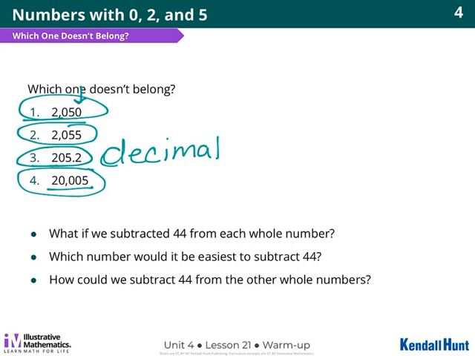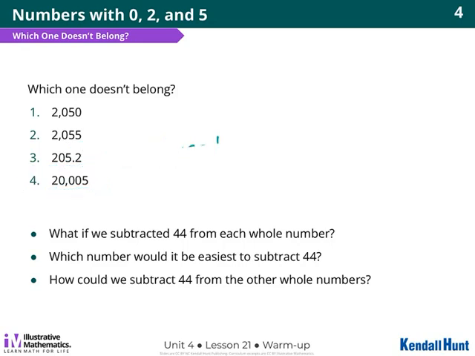The only one that ends in a 0, I think B, because it's the only one with 2 5s in it. C because of the decimal point, and D because it's in the 10,000. Okay, I think any of those answers would work.